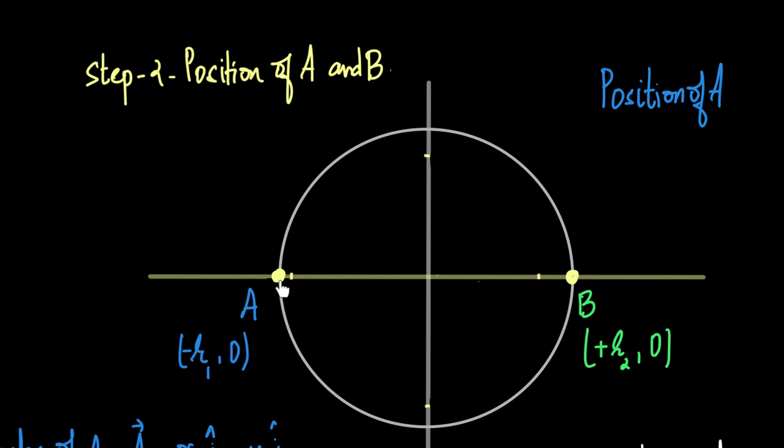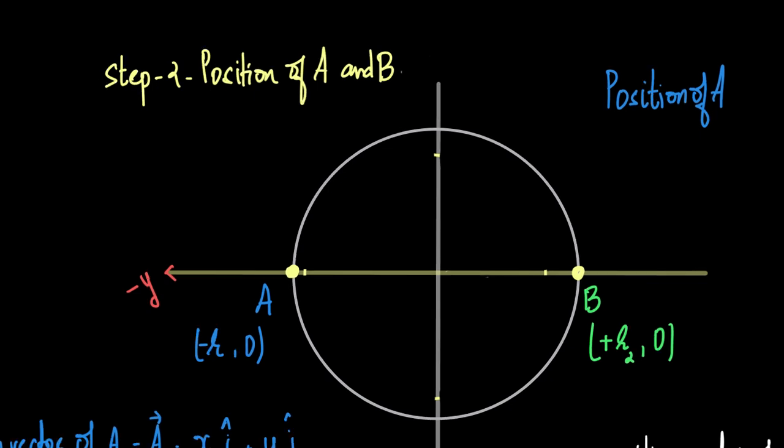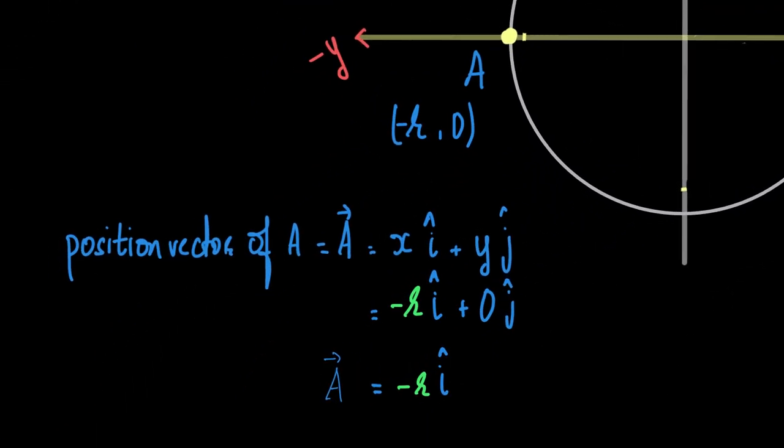So position of A is along the negative y-axis, which means the coordinate of A is minus r1 comma 0. It's safe to assume r comma 0, right? Because the radius is constant. And position of A being minus r comma 0, we can write therefore that the position vector of A, which is given by vector A, is equal to xi plus yj.